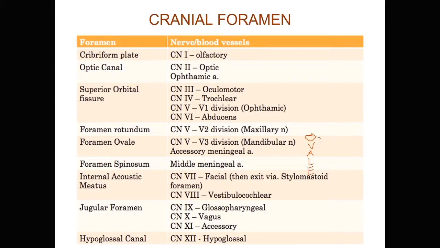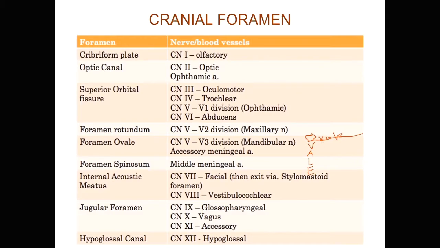So ovale stands for ovale. So this is going to be your foramen. And then everything that goes through this foramen is going to be described by these 4 letters.